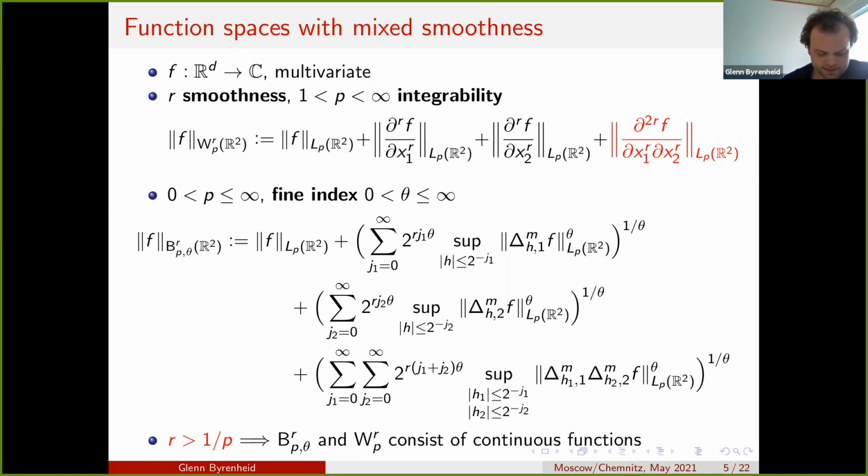In classical isotropic spaces, we have some dimension dependence. In the case of mixed smoothness, there is no dimension dependence in the Sobolev embedding theorem. That means we simply need r being bigger than 1 over p. And as a consequence, we find in every equivalence class in the space a continuous representation.